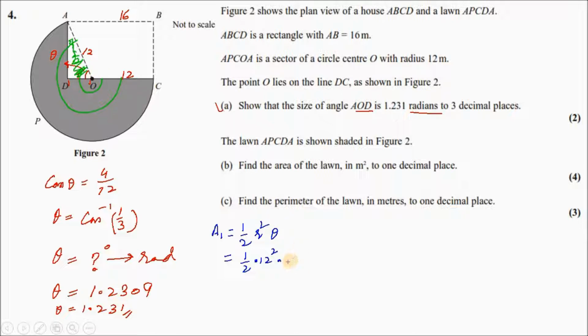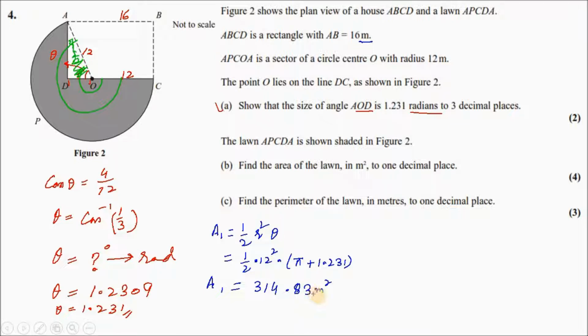So theta would be pi plus 1.231, and when you solve this, your area would be equal to 314.83, and the dimension is meter, so this is meter squared.